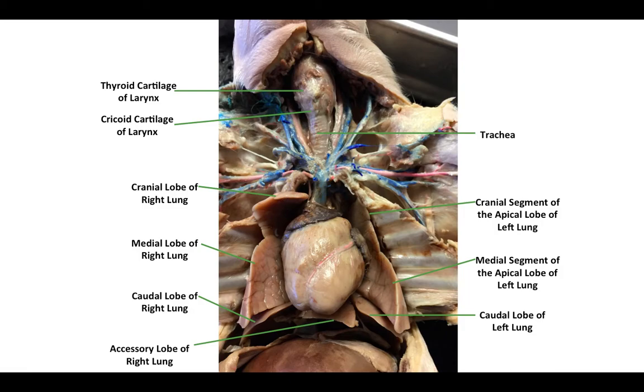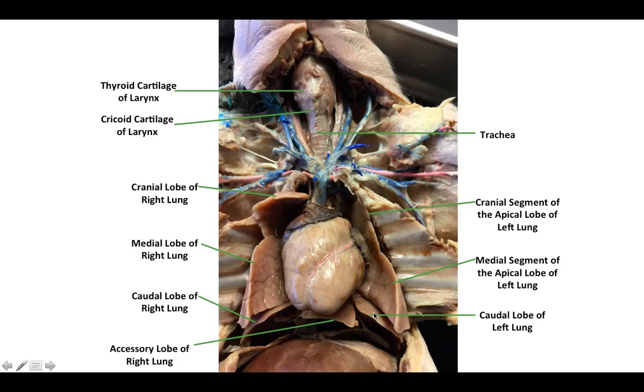On the right side, there are 4 lobes to the right lung. So over here, we have right lung all the way over here. We have the cranial lobe, the medial lobe, the caudal lobe, and the accessory lobe. These are all part of the right lung. When we look at the left lung, it has 2 main lobes.